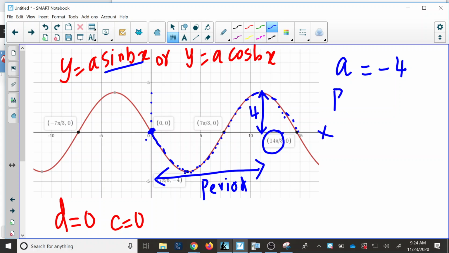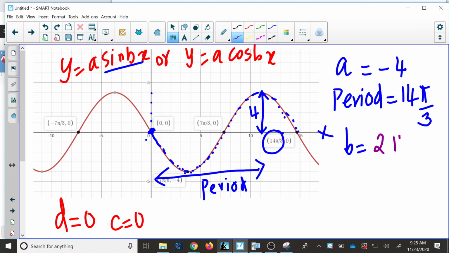What's my period? The period is going to be 14 pi over 3. From this, I'm going to find B using the formula 2 pi over 14 pi over 3. So how do I simplify this?